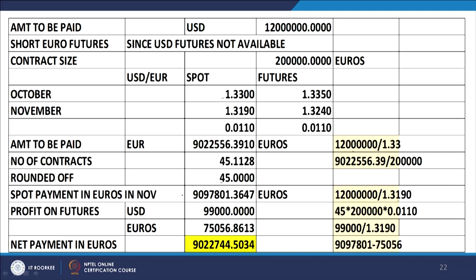But he makes a certain profit on the short futures position that he had taken. How much is the benefit in the futures position? The change in price of the futures is from 1.3350 to 1.3240, and his position is short, and the number of contracts is 45.